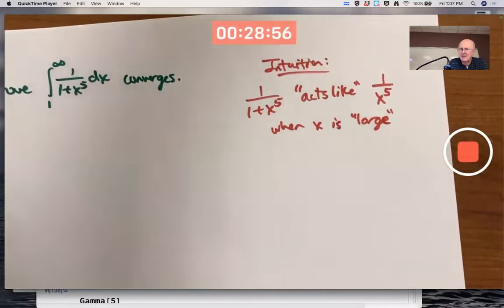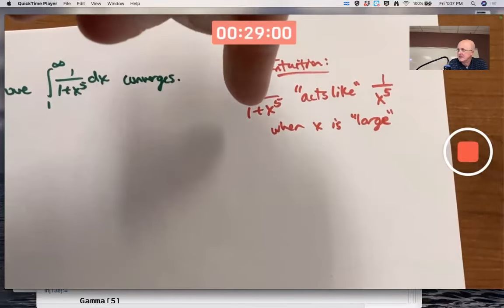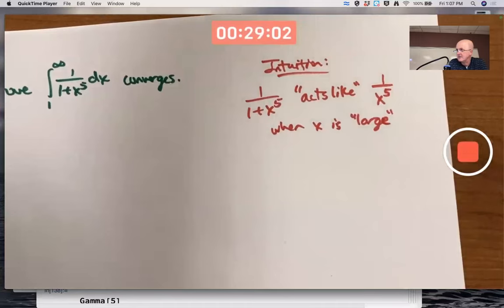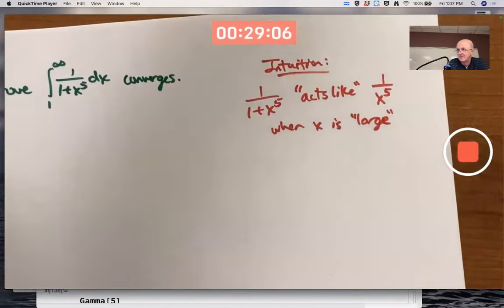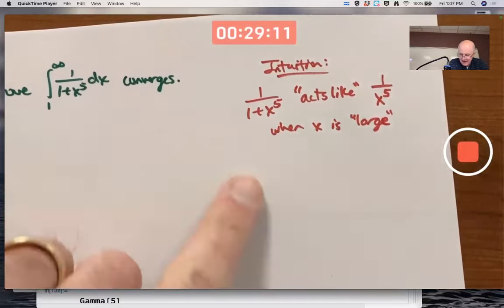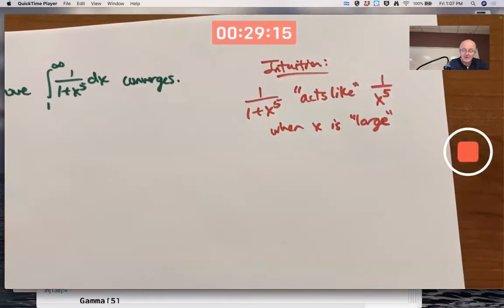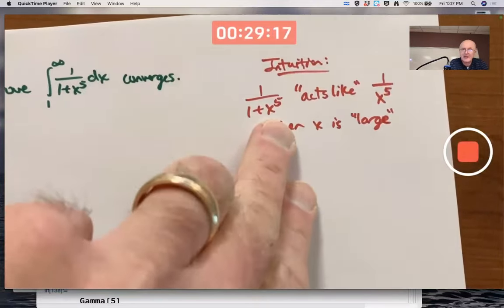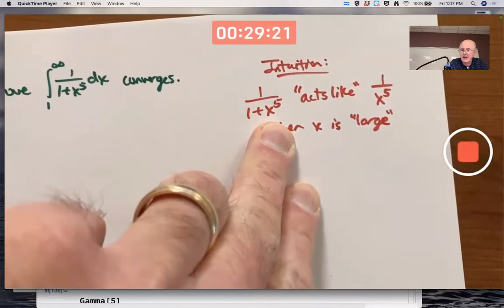Why does it act like or behave like that? Well, effectively, it's because we're focused on the highest powers of x in each case. The plus 1 in the denominator, in a sense, doesn't matter. When x is 100, 100 to the 5th power would be 10 to the 10th.